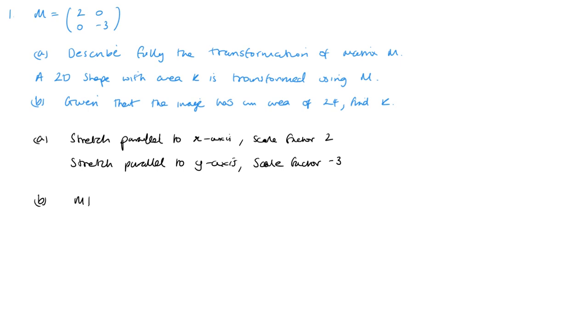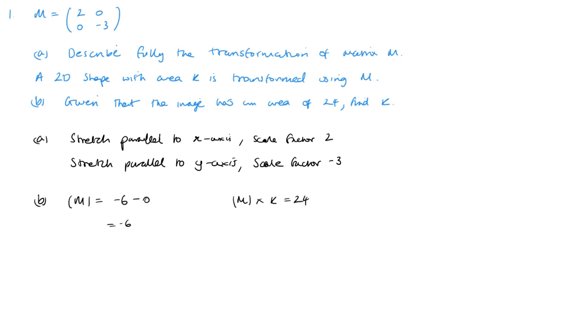So let's find the determinant of M. So it's 2 times -3, so -6 minus 0, so -6. And then let's look at the area. So we've got the determinant of M multiplied by K equals 24.